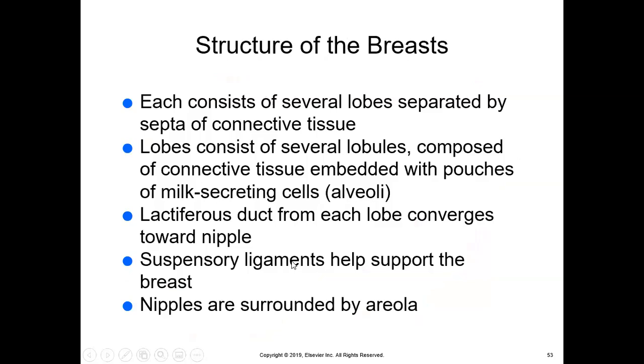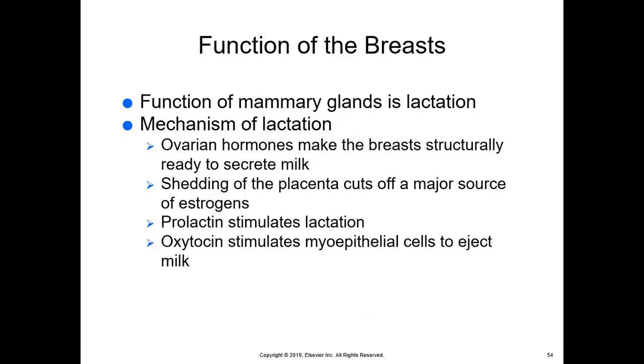So the structure of the breast: each consists of several lobes separated by septa. Lobes consist of several lobules composed of connective tissue embedded with pouches of milk-secreting cells. The lactiferous duct from each lobe converges toward the nipple, and the nipples are surrounded by the areola. The function of the mammary glands is lactation.